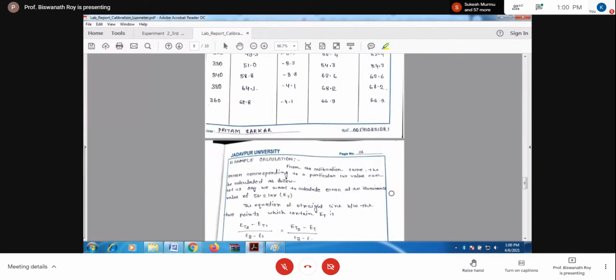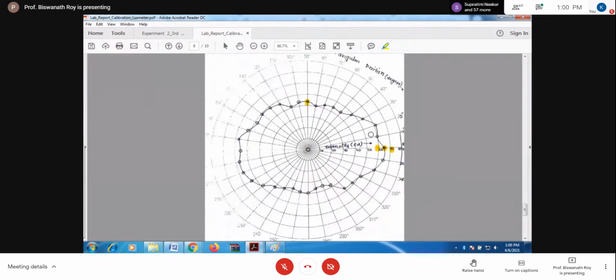And finally all dots are joined by a smooth curve, and this smooth curve is the graphical presentation of the intensity distribution of light of the lamp in the horizontal plane. Okay.